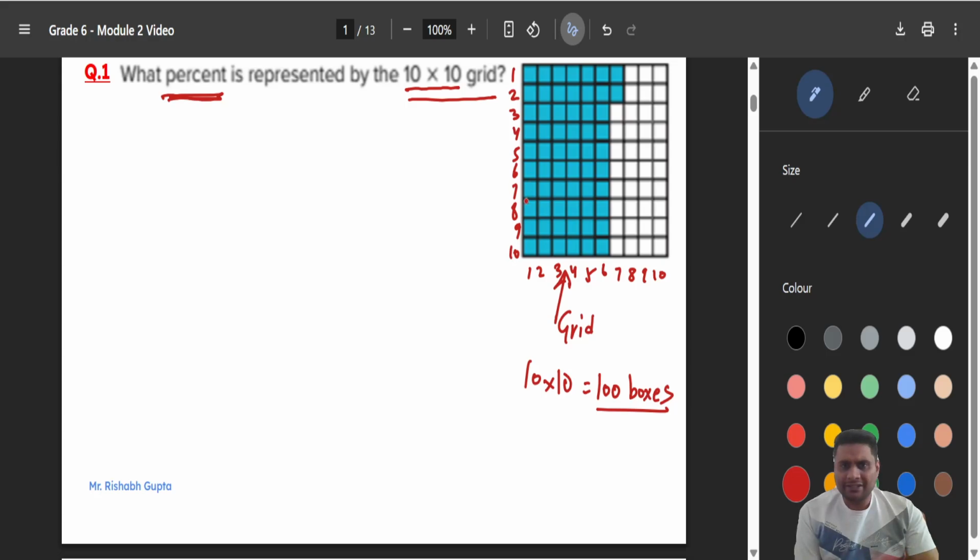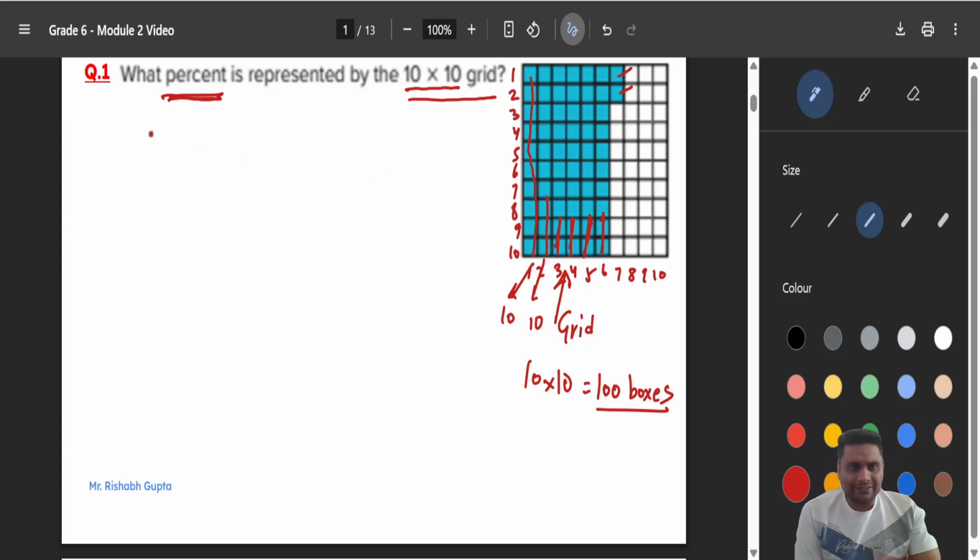You check, the first line has 10 boxes, so here I have 10. Okay, second line also 10 boxes, so 20. Here 30, 40, 50, 60. Again this whole line is 10 boxes, right? So 10, then here 20, 30, 40, 50, 60. 60 boxes, and then 61, 62.